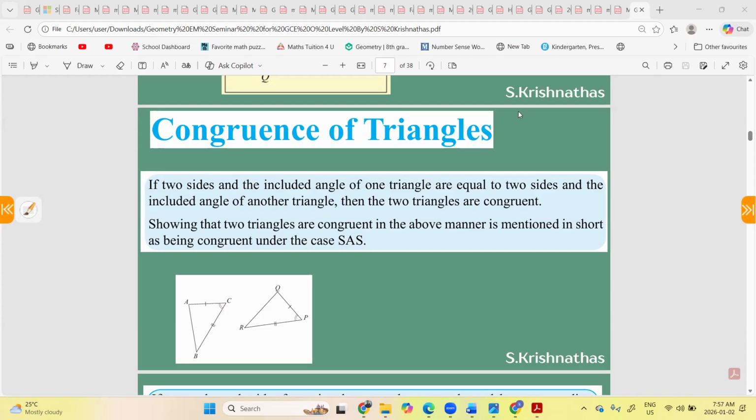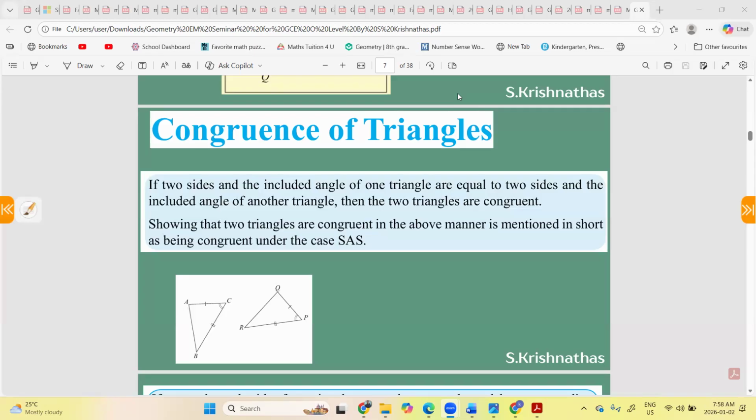Students, the question is, what is the number of conditions for congruence of two triangles? Totally, the four conditions. If two sides and the included angle of a triangle are equal to two sides and the included angle of another triangle, then the two triangles are congruent.